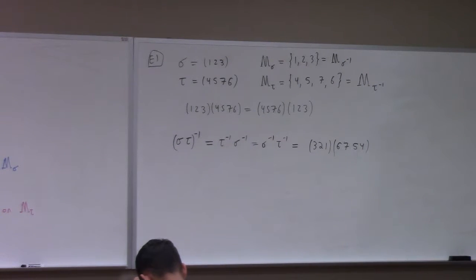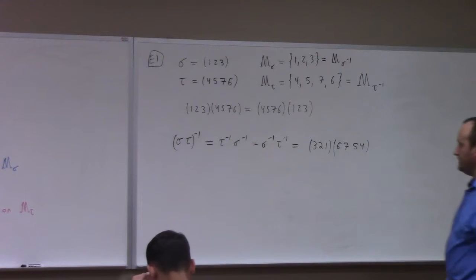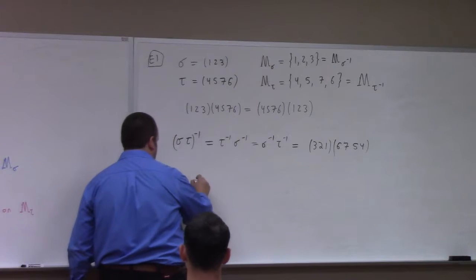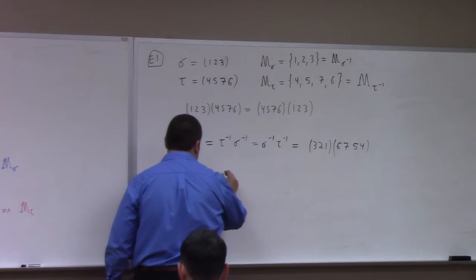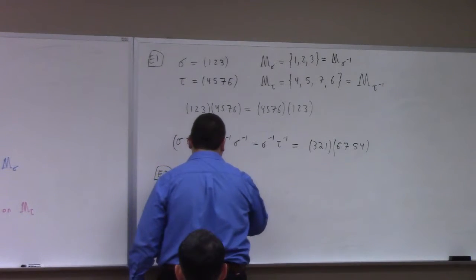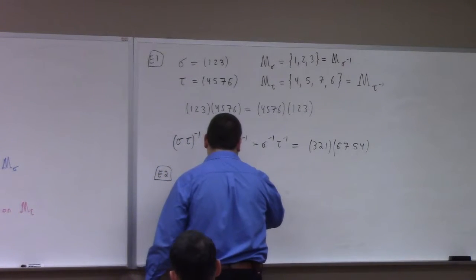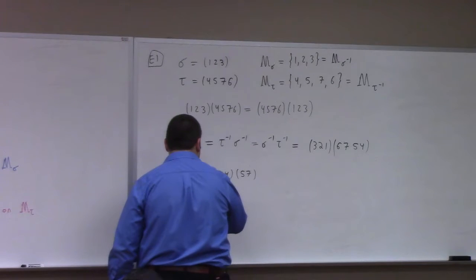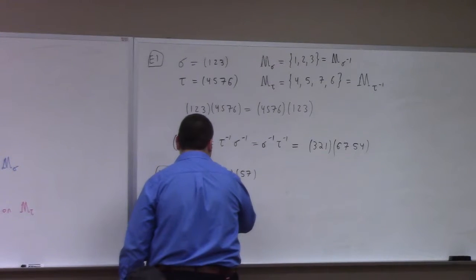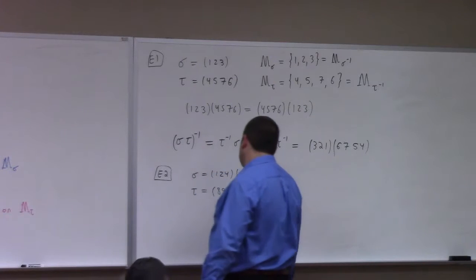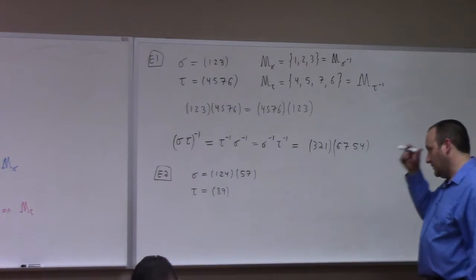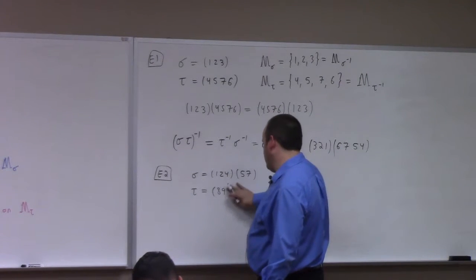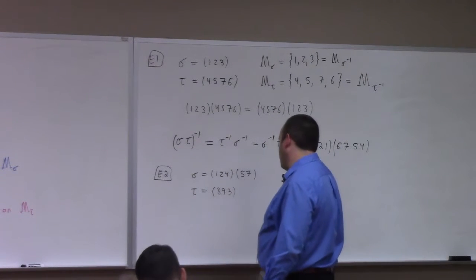Now we've got to be careful. Let me show you limitations of our thinking here. What if I have sigma equals 1, 2, 4 times 5, 7, and if I have tau equals 8, 9, 3?